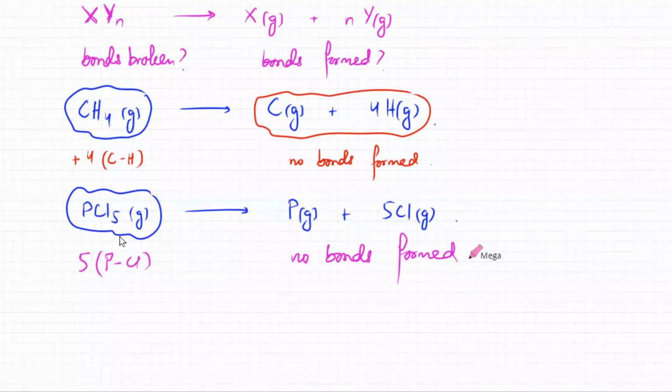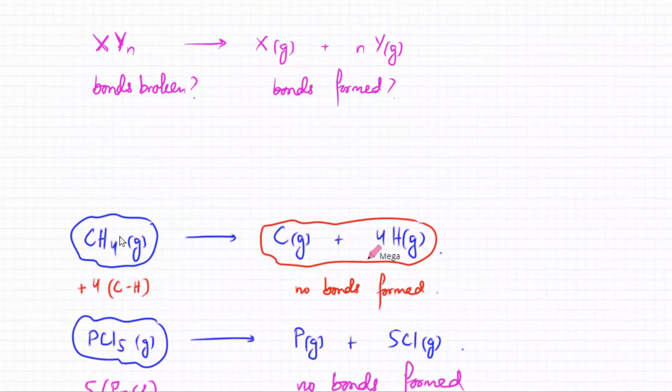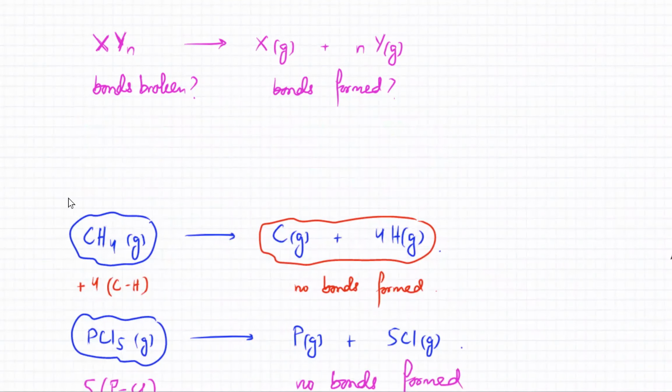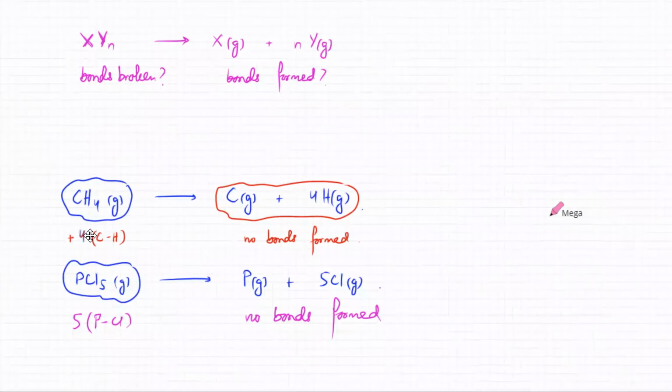So now I'm going to move to the equation in terms of X and Y and compare it with the reactions I just did. If you have CH4, you're breaking 4 CH bonds. If you have PCl5, you're breaking 5 PCl bonds. So if you have XY, N, how many bonds are between X and Y?